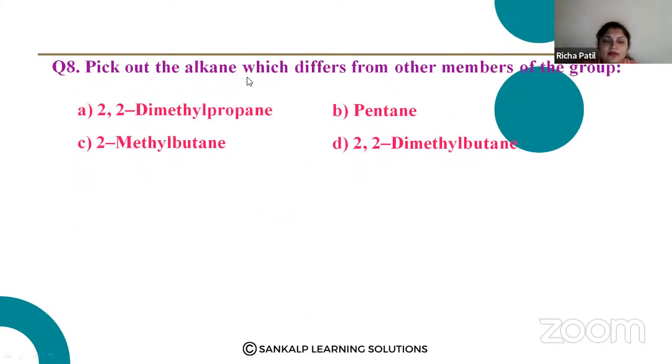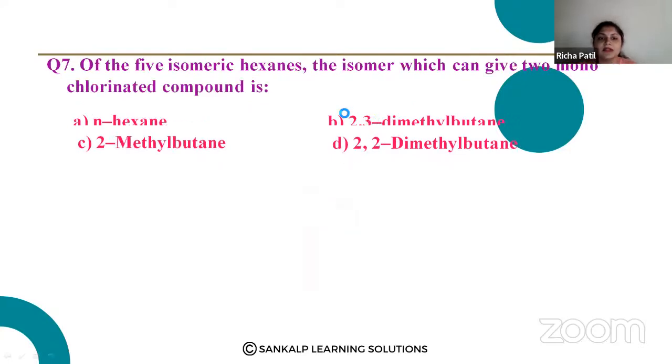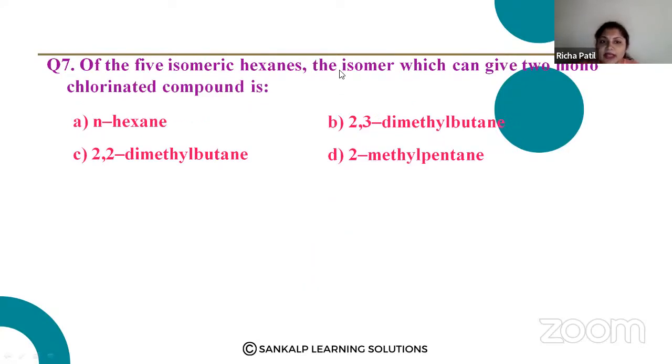So we'll solve this. Of the 5 isomeric hexanes, the isomer which can give 2 monochlorinated compounds is... Option D, ma'am.